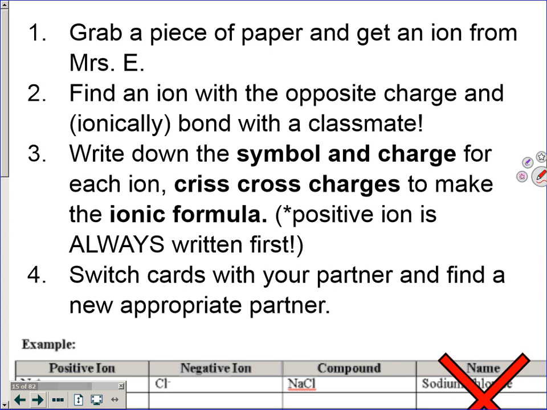Wait, so this is all metal, right? Write the formula down.